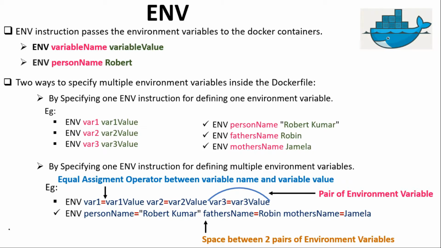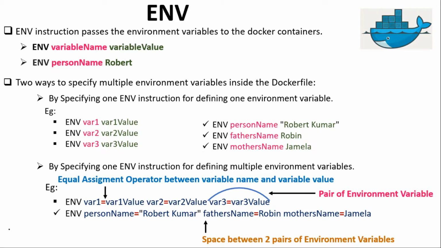Now friends, out of these two ways, it is always recommended to use the second way, that is to write the multiple environment variables in one ENV instruction. As friends, if we add one ENV instruction per variable, then each environment variable will end up adding one ENV instruction inside the Dockerfile. And as we learned, each Dockerfile instruction adds one image layer to the Docker image.